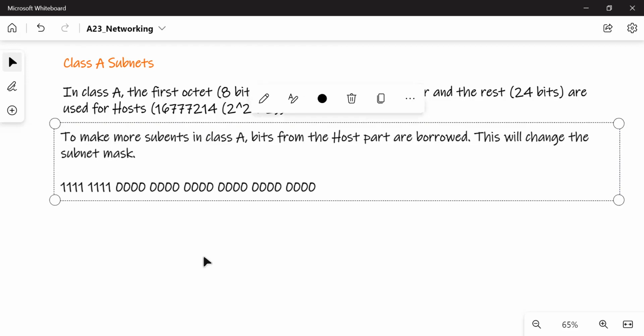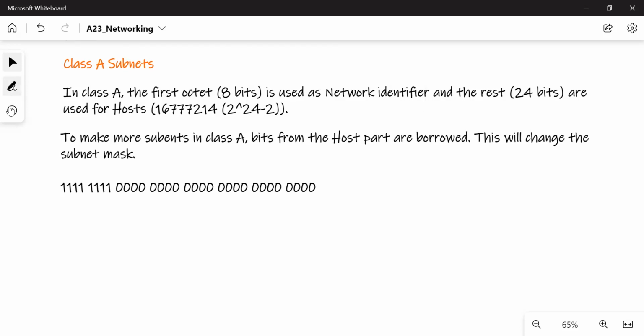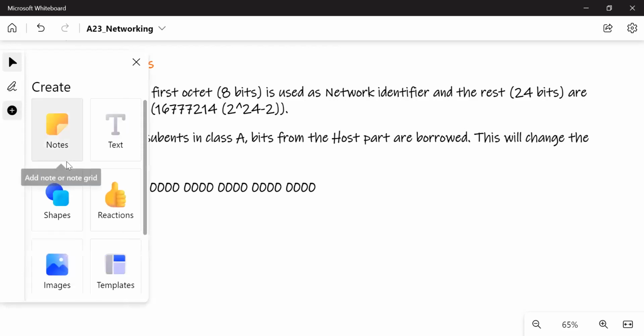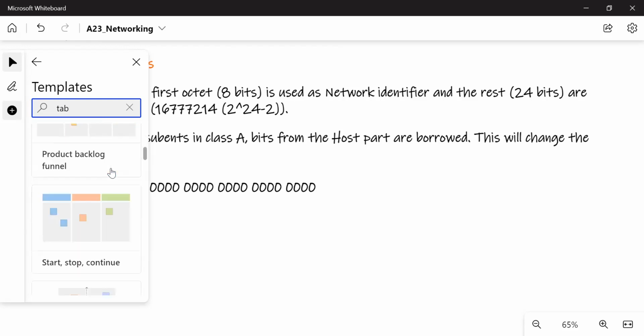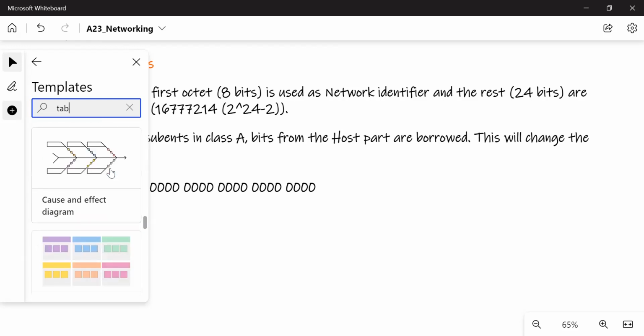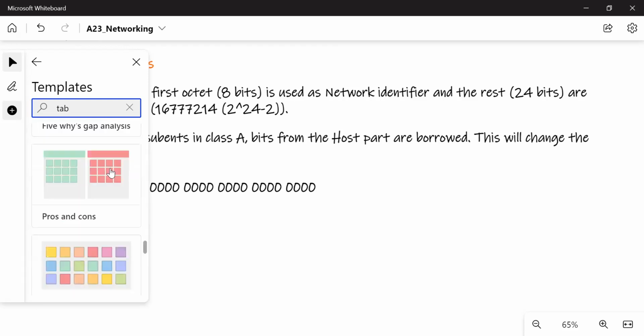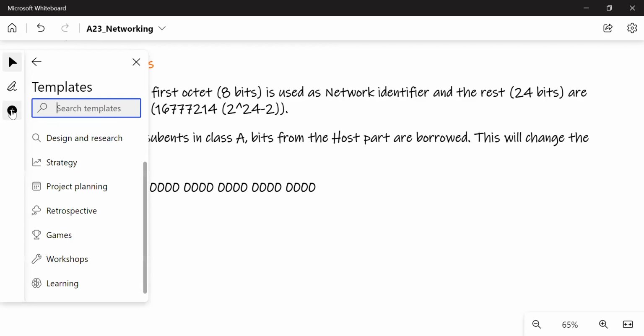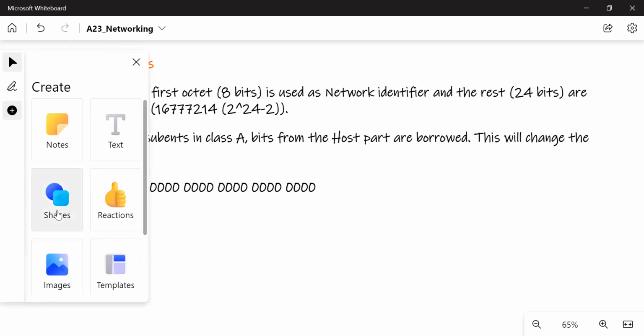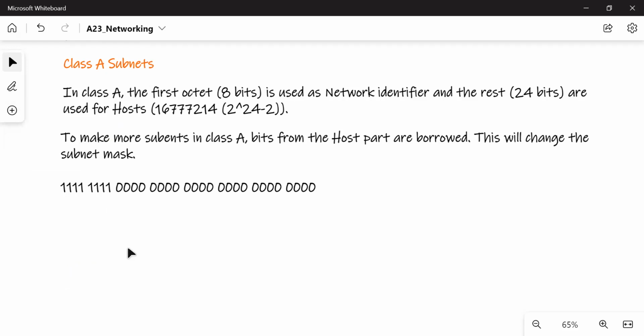So I'm going to create a small table, and within the table, right, we can look at the first part I'm going to look at is network bits.